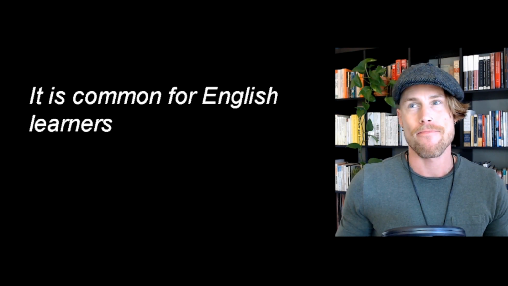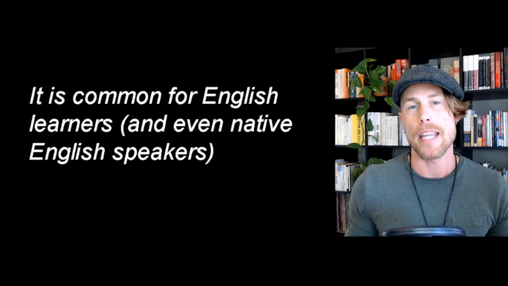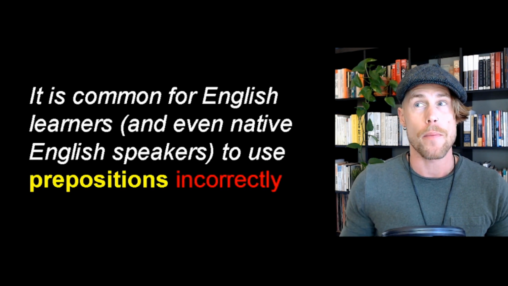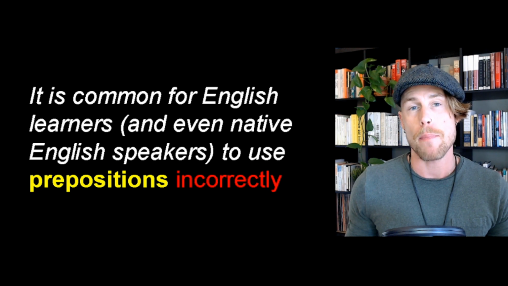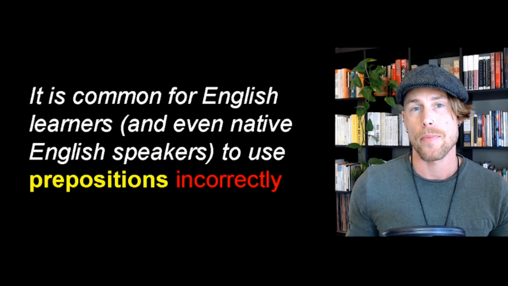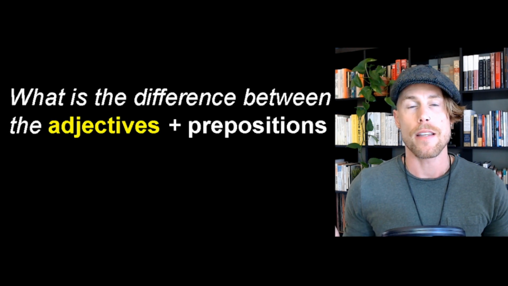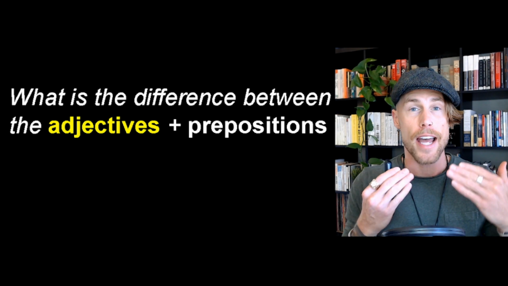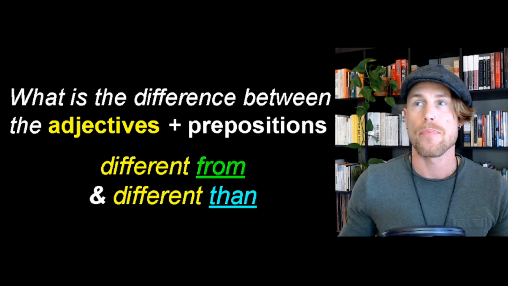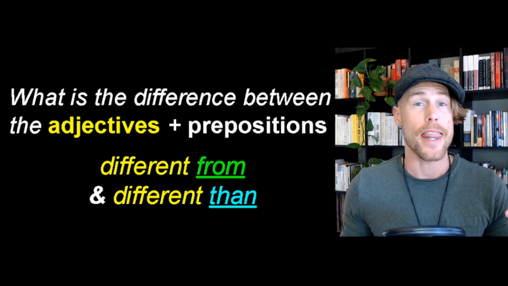Okay. It is common for English learners and even native English speakers to use prepositions incorrectly. What is the difference between the adjectives and prepositions different from and different than?